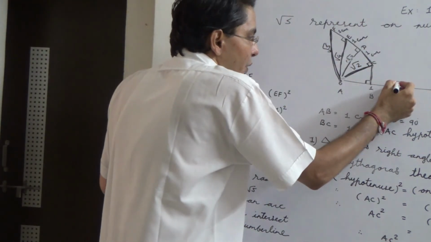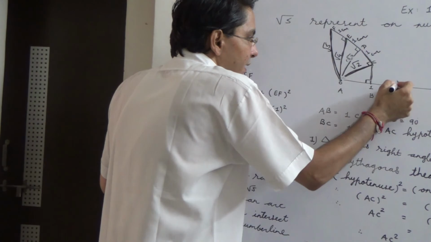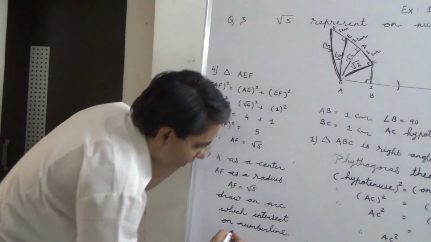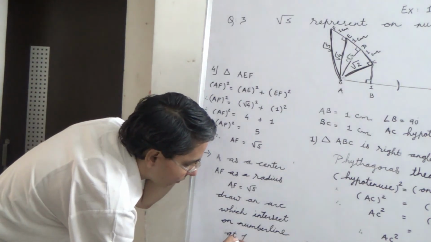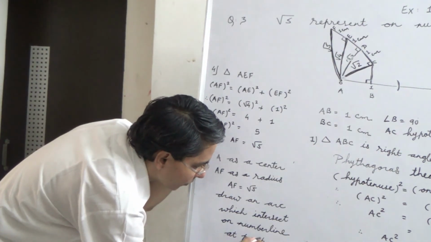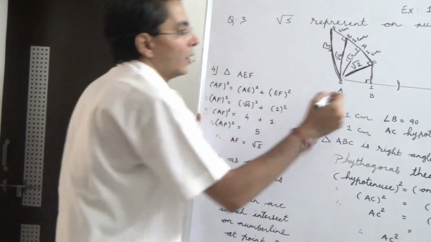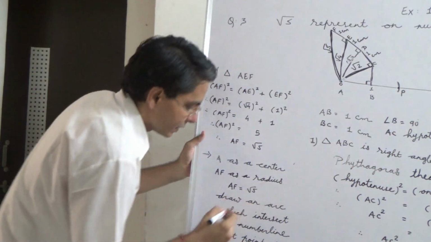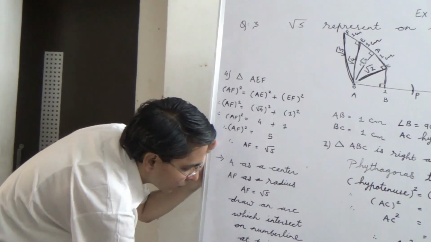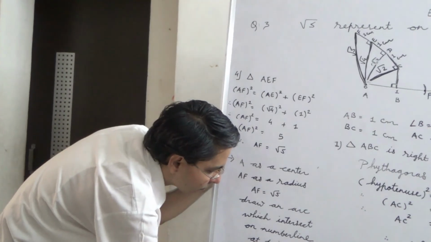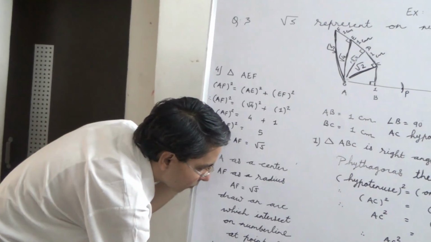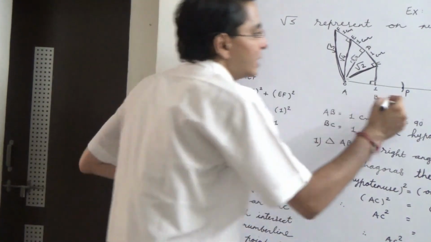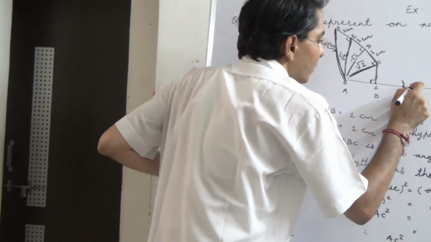Suppose it intersects the number line at a point P. So this one is P, and P corresponds to square root 5.